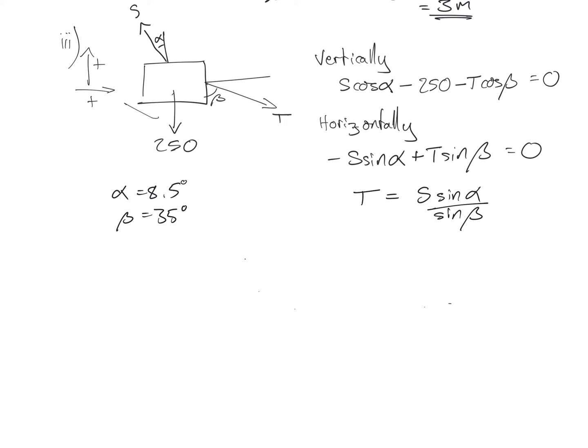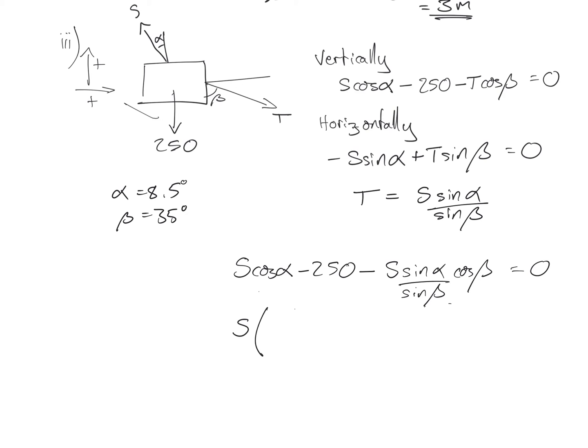So into my top equation I get S cos alpha minus 250 minus T cos beta, where T is S sine alpha over sine beta. Bizarrely, that cos beta was missed by quite a few people. So we've got S brackets cos alpha minus sine alpha cos beta over sine beta equals 250.